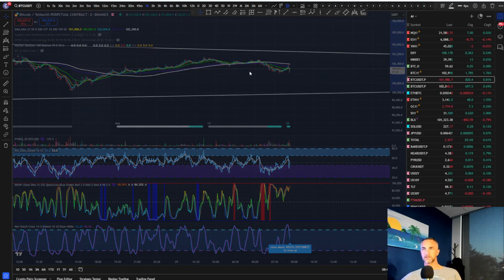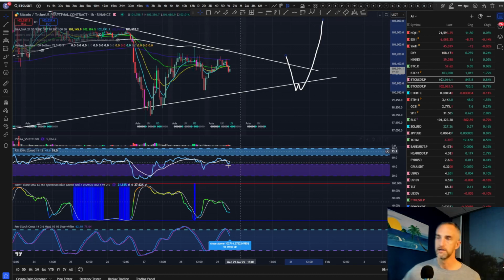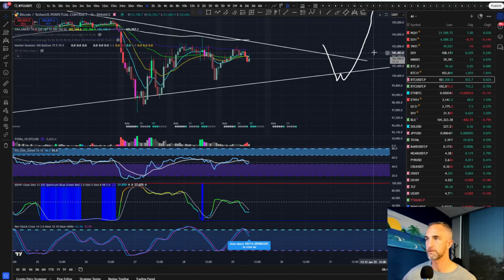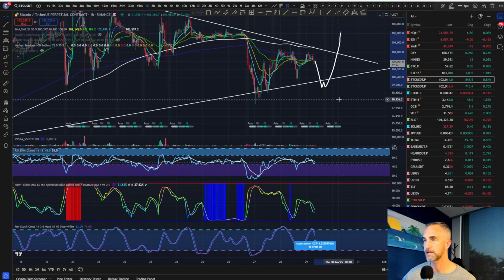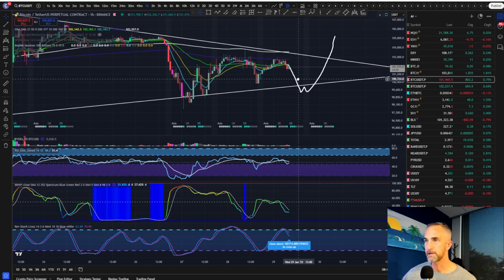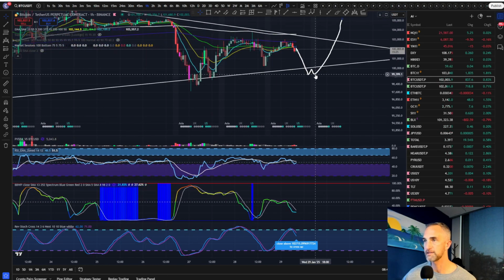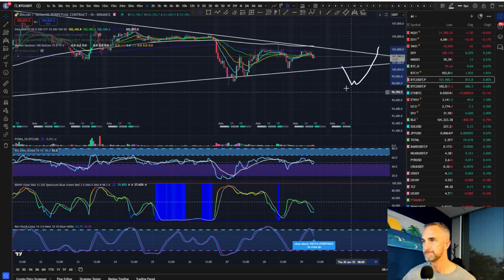So essentially what happens is we get the interest rate decision here, and the reaction after that matters more than the expectation. The expectation is flat, that they keep rates the same. So if they cut, that'd be bullish.